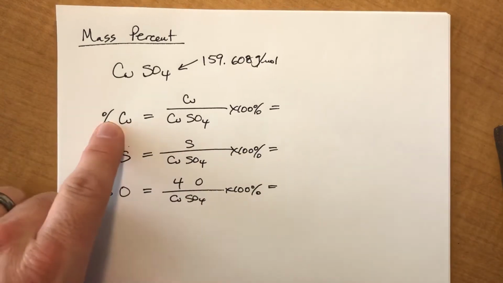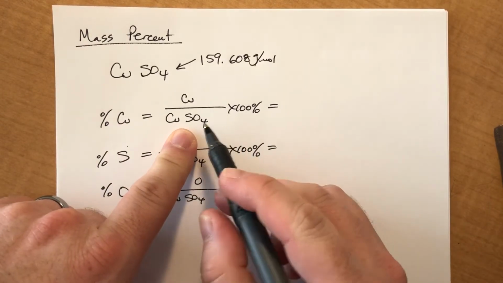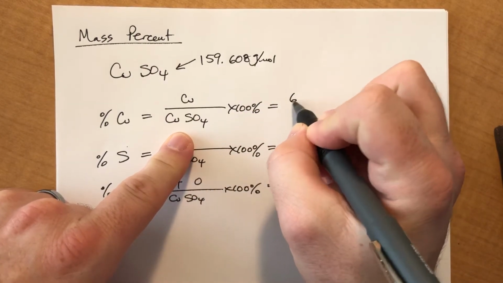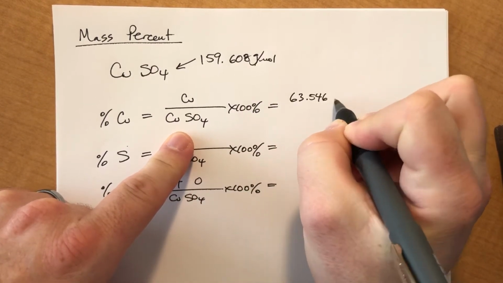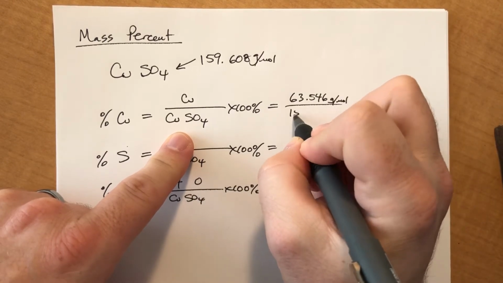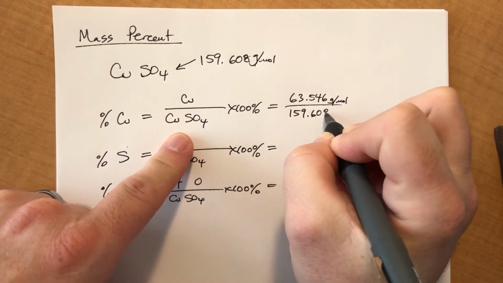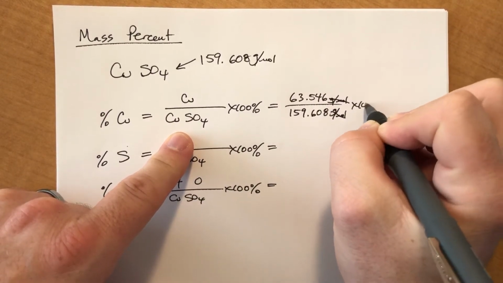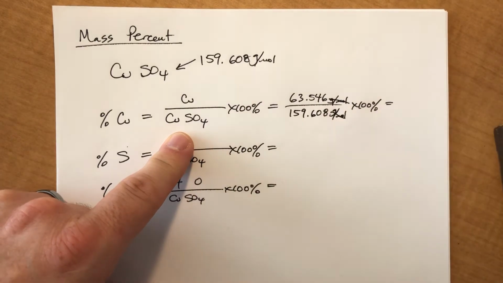And then to figure out the percentage of copper, we're going to take the mass of copper divided by the whole thing times 100%. Copper, we just looked up, was 63.546 grams per mole divided by 159.608 grams per mole. Those are going to cancel out, and we'll end up with just percentage as a unit.